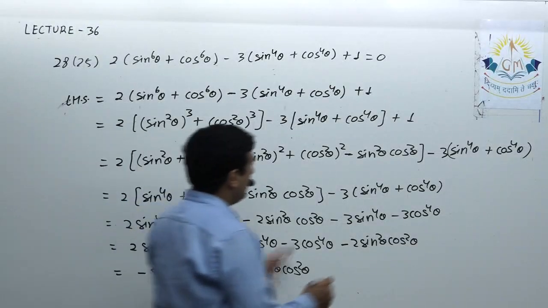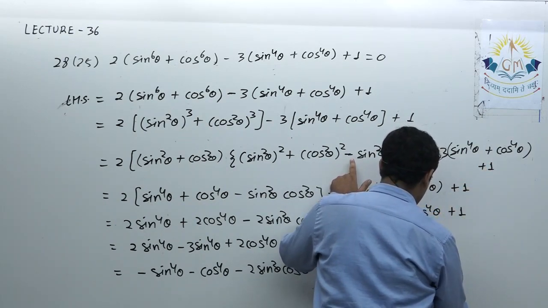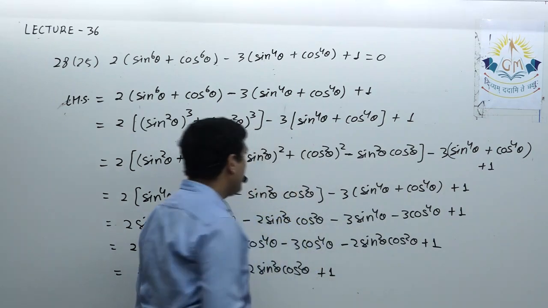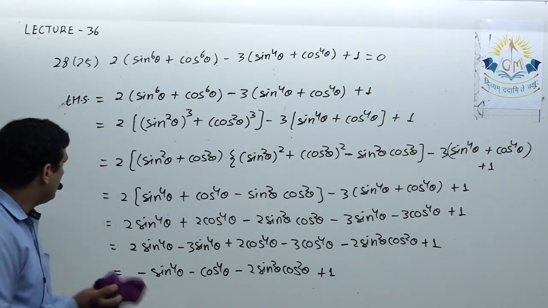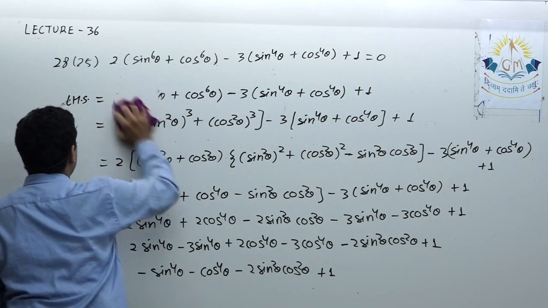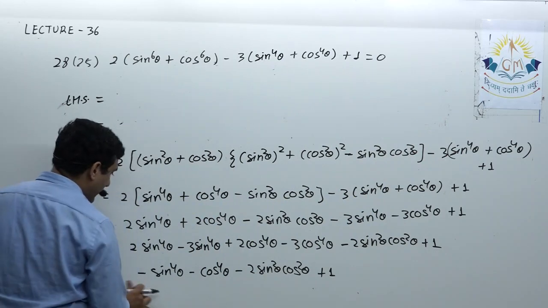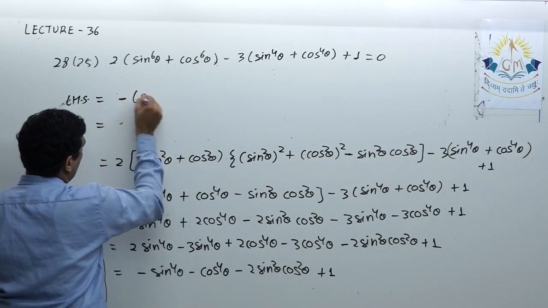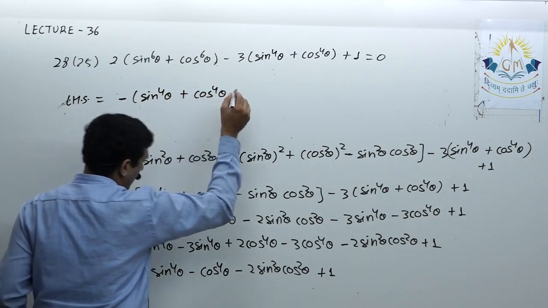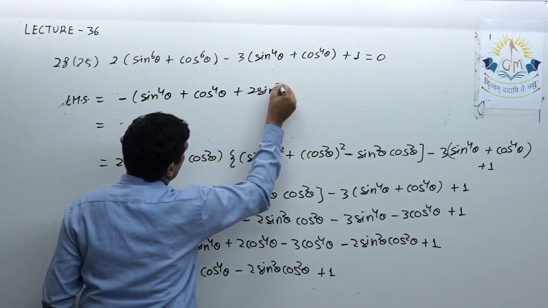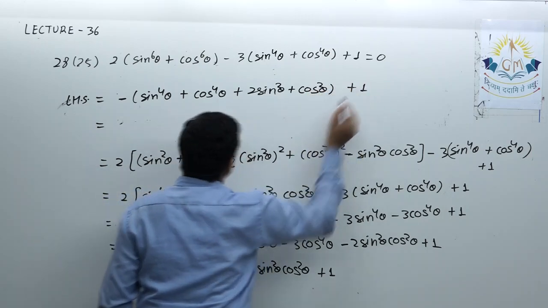Okay, so here I skip this plus 1, so here it is plus 1. Now, next step, from here I can take common, so if I take the minus sign common, I will get sin raised to 4 theta plus cos raised to 4 theta plus 2 sin square theta cos square theta plus 1.